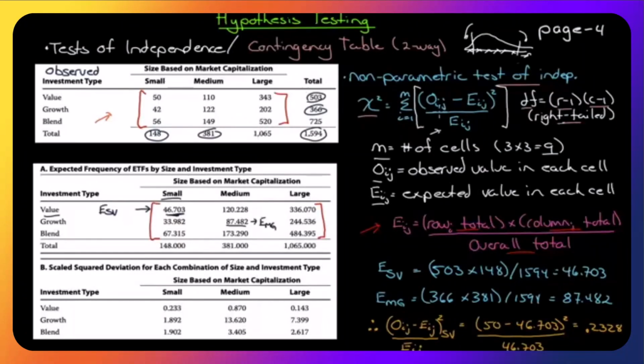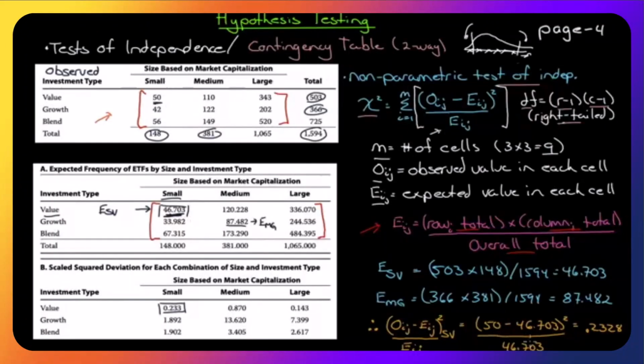Then we can calculate the difference between the observed minus the expected, squared, divided by the expected. So let's see if we can recover one of the numbers in here. Let's recover our value in the very first cell. What is our observed? Our observed is 50. What is the expected? The expected is 46.703.